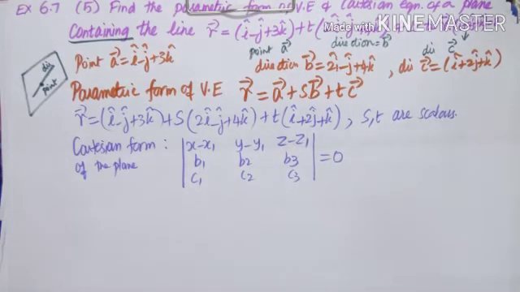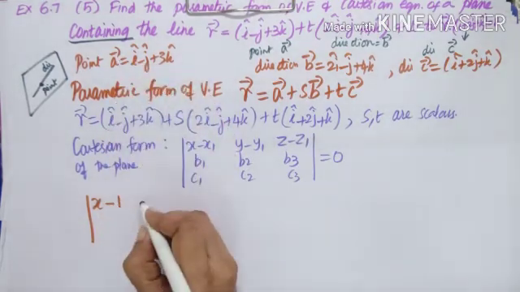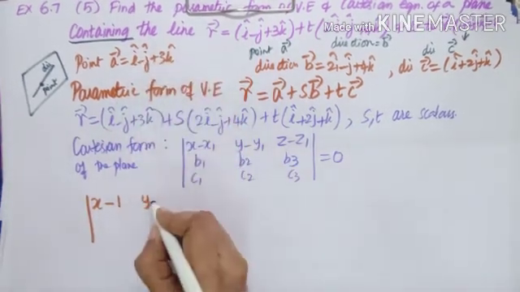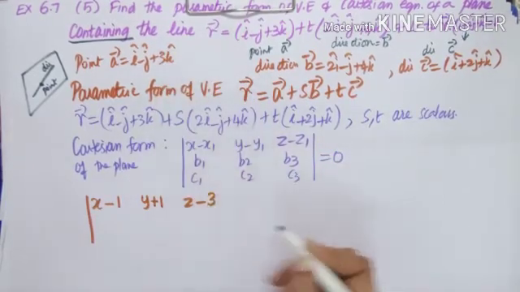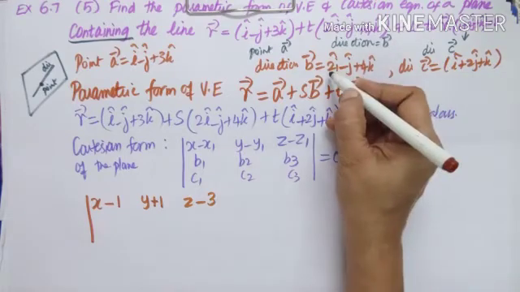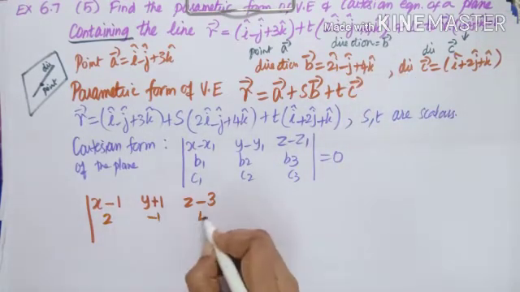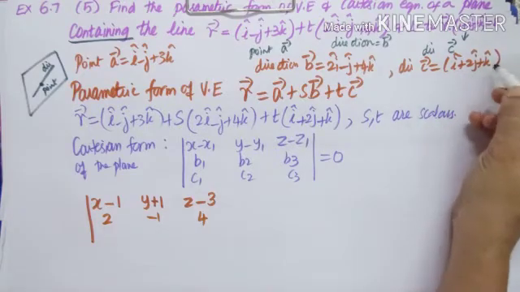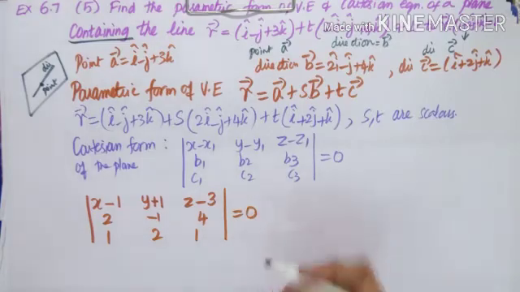Let us substitute. Determinant x minus 1, y minus of minus 1, so it is plus 1, z minus 3. B1, B2, B3 we write from here: 2, minus 1, 4. C vector 1, 2, 1 equals to 0.